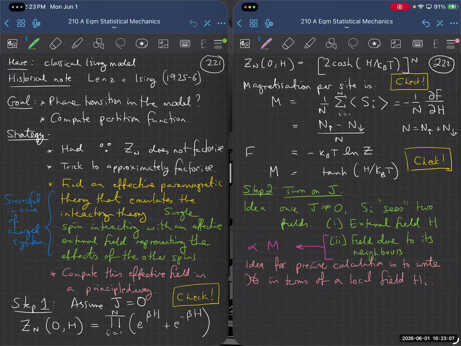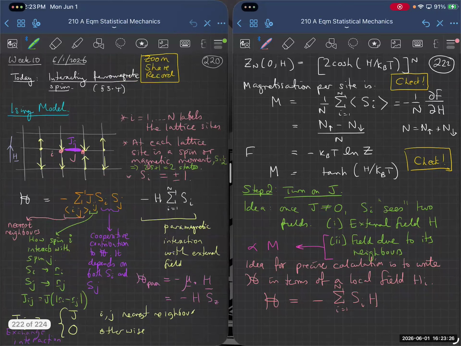My claim is that I can write the Hamiltonian in this form: minus the sum from i equals 1 to N of S_i times an external field.